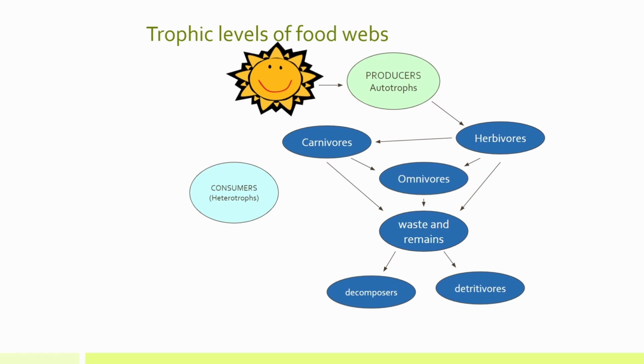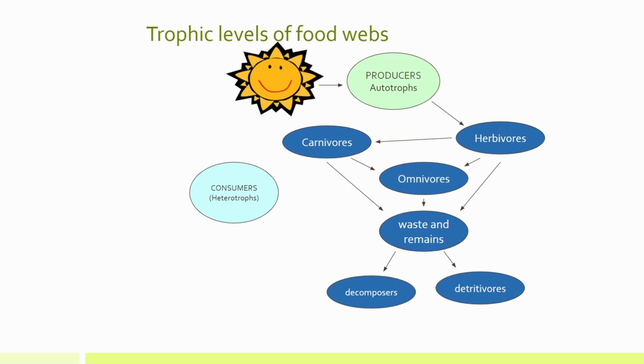So we can actually kind of look at these trophic levels in a food web. So we can return back to that type of organizational construct and notice here that producers, which are autotrophs, are consumed by herbivores, which are consumed by both carnivores and omnivores. Omnivores and carnivores and even herbivores create waste, and when they decompose, they have remains.